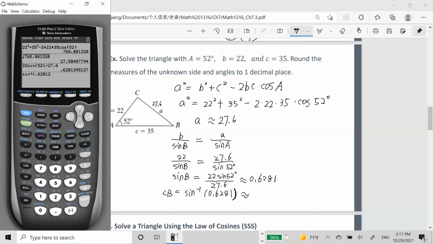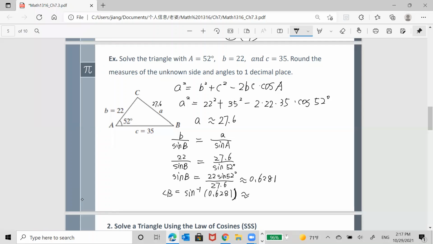I just need to keep 4 decimals. So close the parentheses, hit enter. That's about 38.9 degrees. So is that all? Oh, we still need to find C.